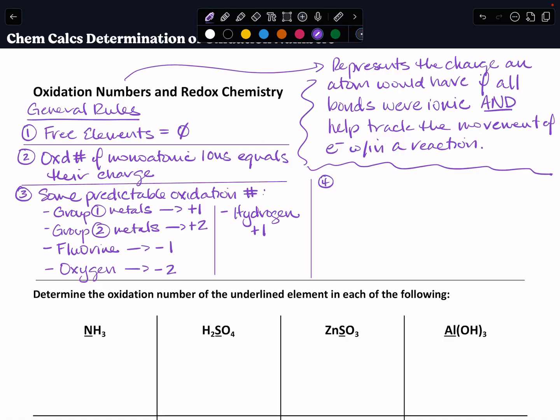The next thing to keep in mind, once you've assigned oxidation numbers, is that the way it usually works, you know all of the elements but one. All these oxidation numbers should add up to the charge on the molecule.